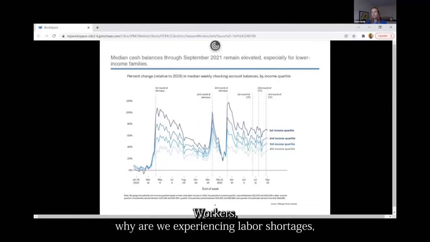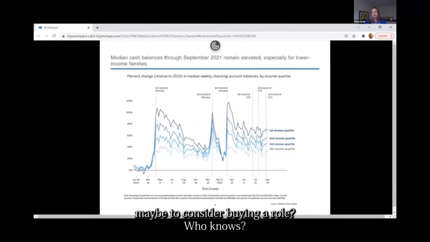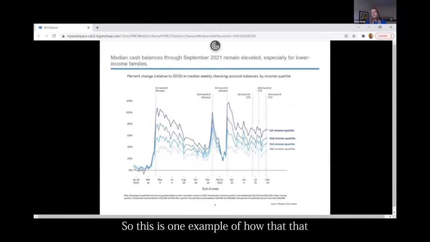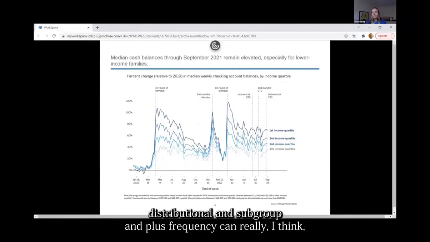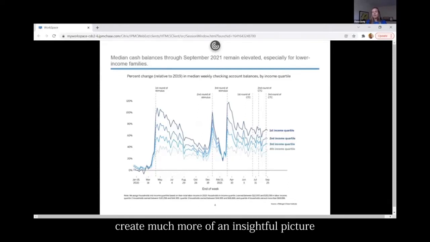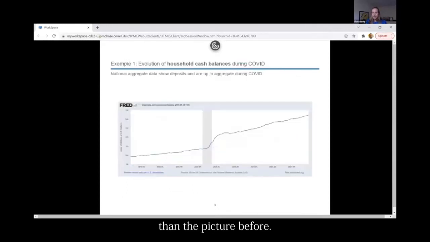Why are we experiencing labor shortages? Maybe cash balances are playing a role. Who knows? So this is one example of how that distributional and subgroup plus high frequency can really, I think, create a much more insightful picture than the picture before.